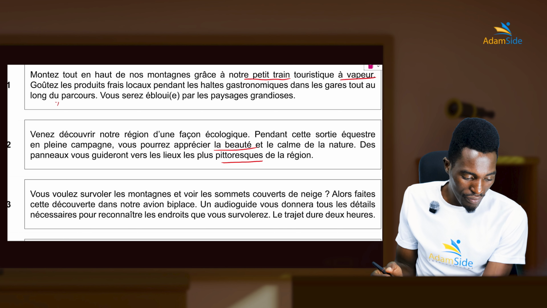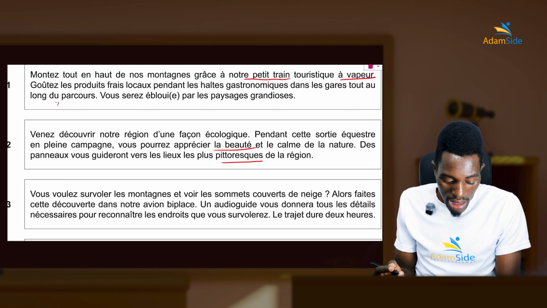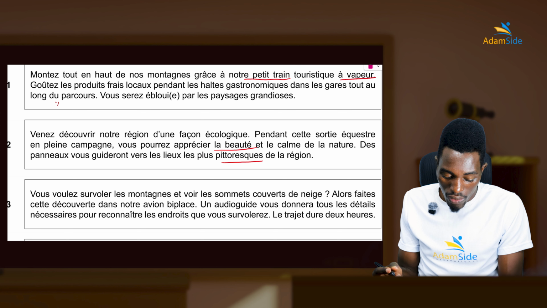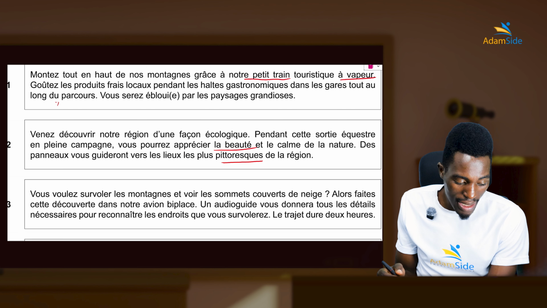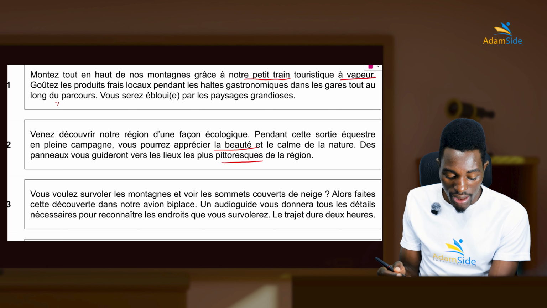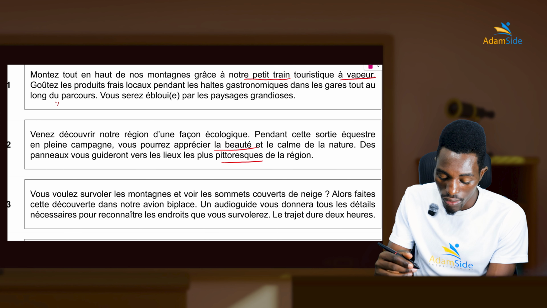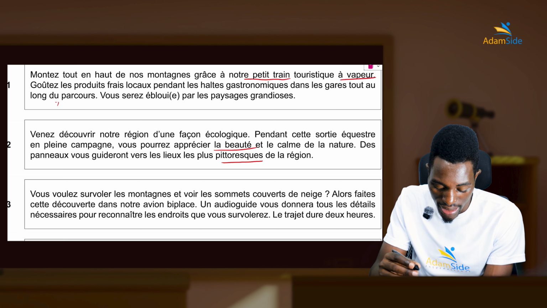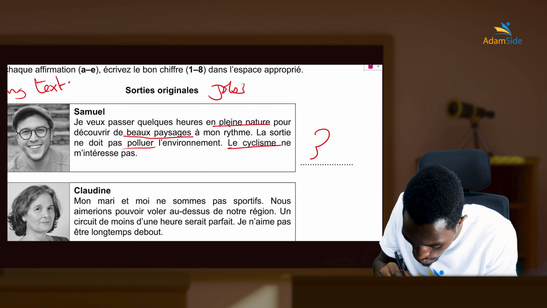So, then, if we see this one, it could be the right answer. So, the text of Samuel goes with A. So I will go to the Samuel document and write number 2.